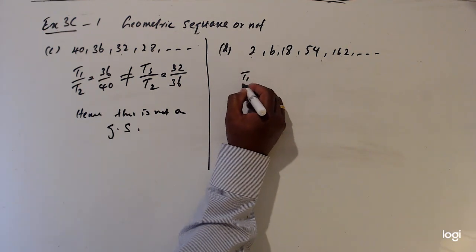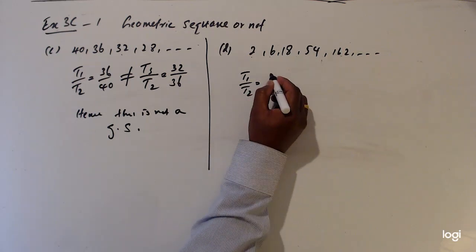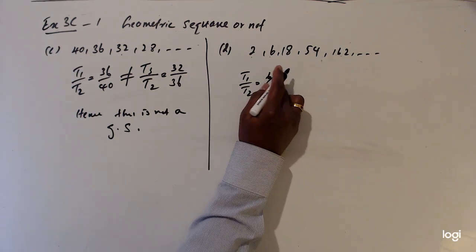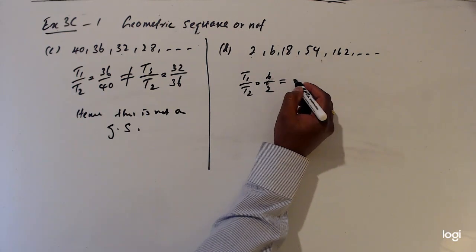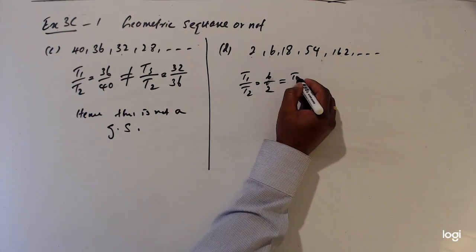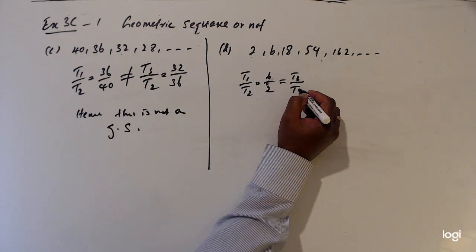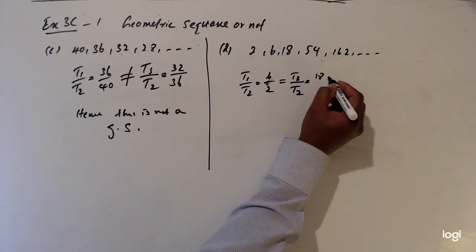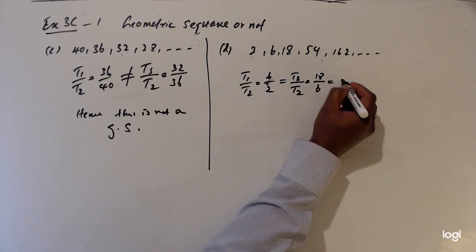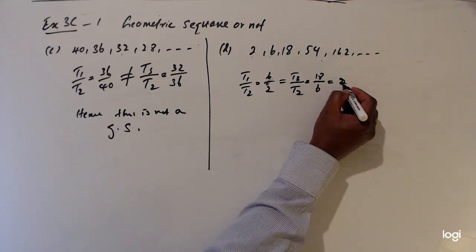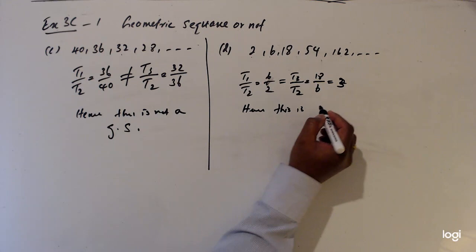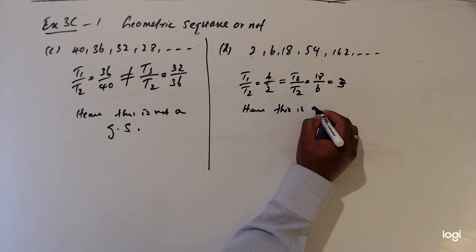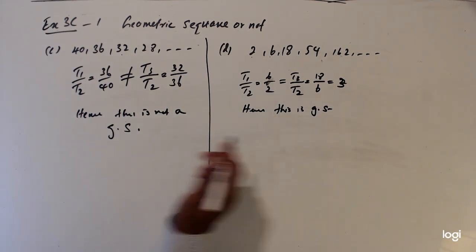So T2 over T1 equals 6 divided by 2, equals T3 divided by T2, that is 18 divided by 6, equals 3. Hence, this is a geometric sequence.